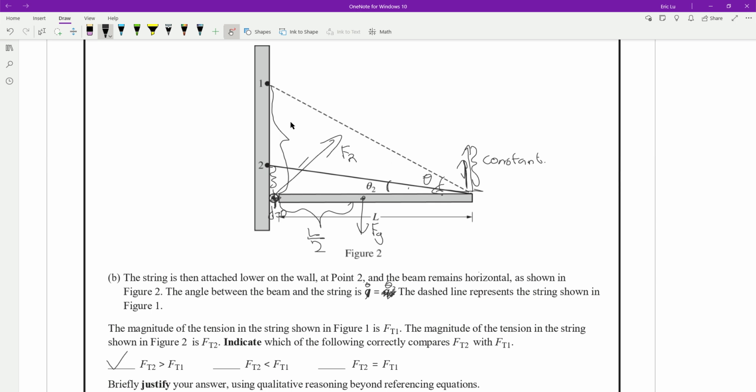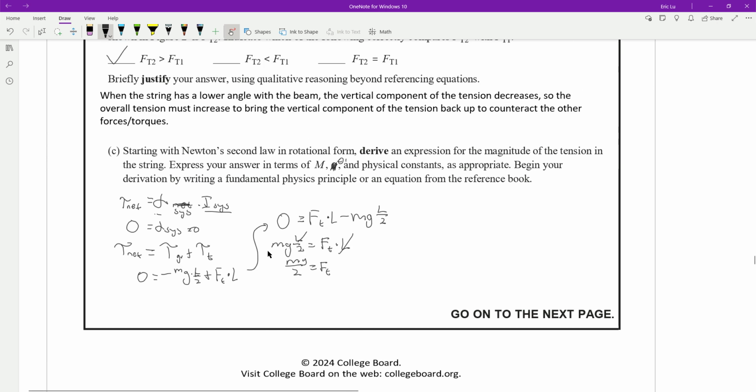If this is theta, then the vertical component would be equal to Ft times sine theta, because it is only the vertical component that exerts a torque. The horizontal component does not exert any net torque. So in this case, Ft times L times sine theta, and it's mg over 2 sine theta.